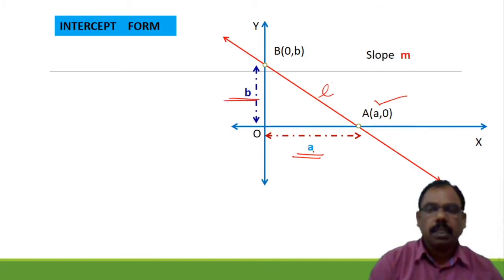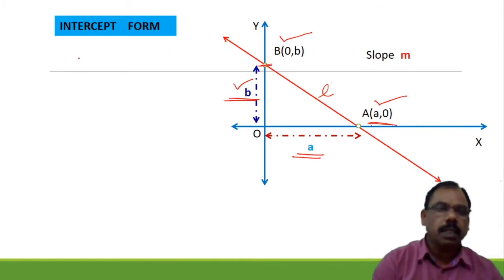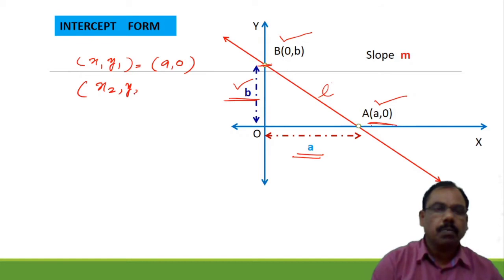Since the x-intercept is a, the line is passing through the point (a, 0). The y-intercept is b, therefore the line is passing through the point (0, b). We write (x1, y1) equal to (a, 0) and (x2, y2) equal to (0, b).